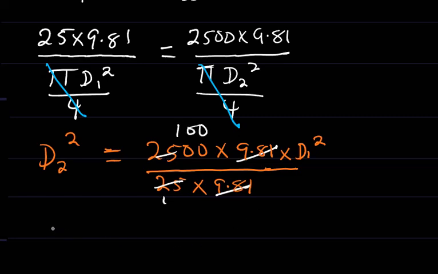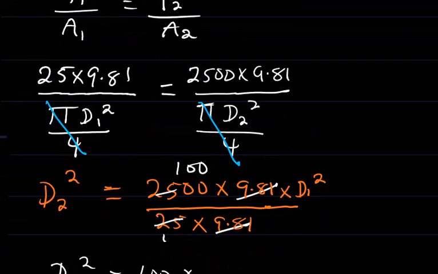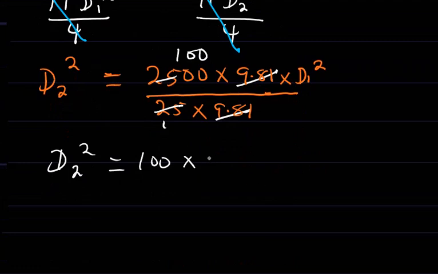So that simply means that d2 squared is going to be equal to 100 multiplied by d1 squared, and of course d1 is 10 cm, so that's 0.1 meter, 0.1 square.